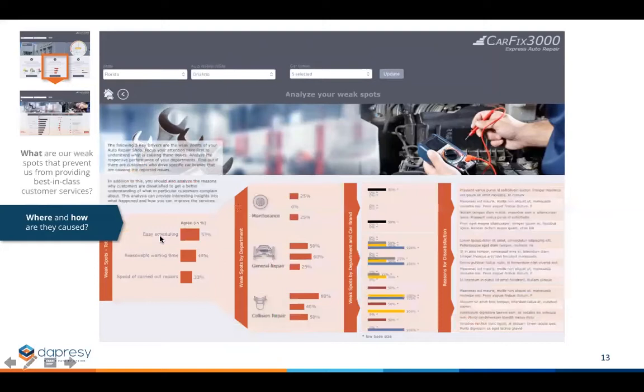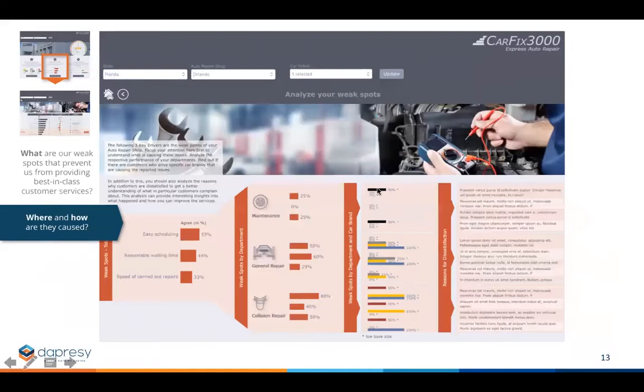So only 53% of customers agree with the item easy scheduling. And then it is split by department, so that you're able to see, are there any differences between my departments, because they are different team leads. This is why I would like to understand, is it more related to the maintenance or the collision repair? And in this case, we can see it's related to the maintenance department.